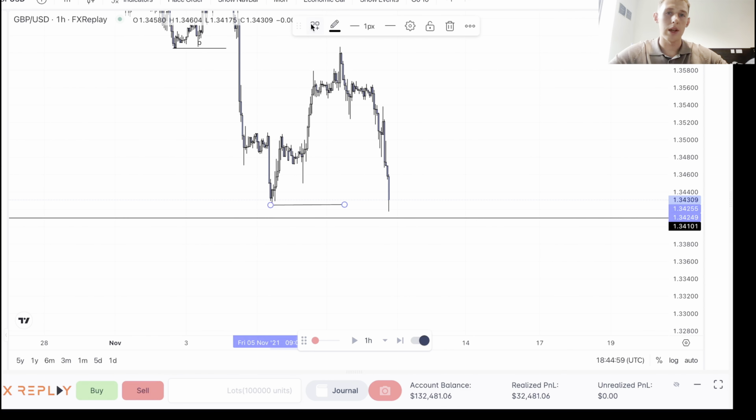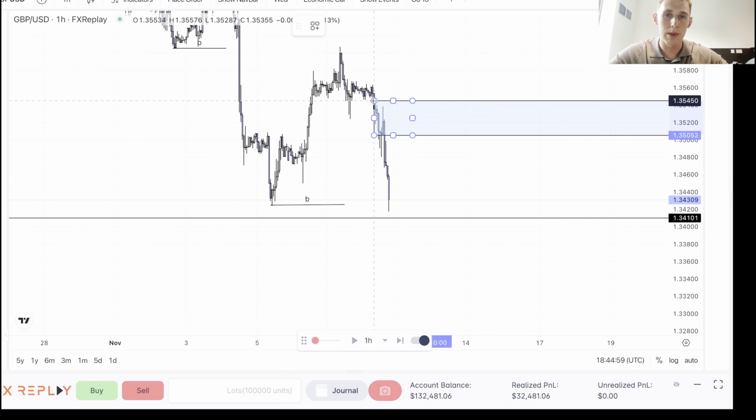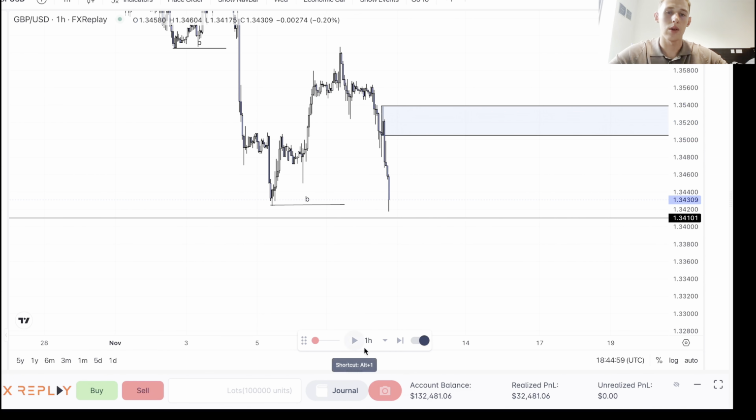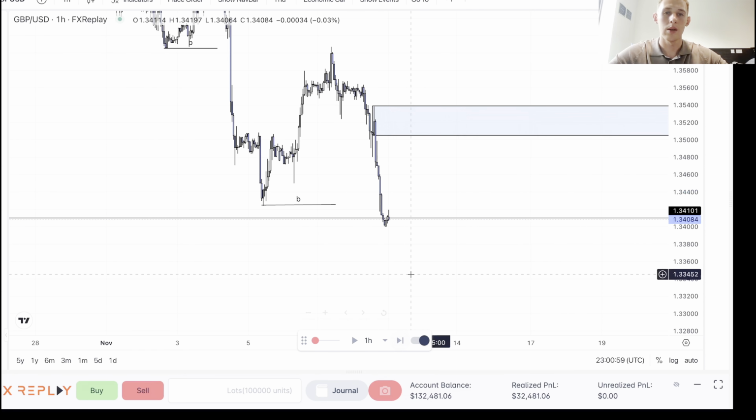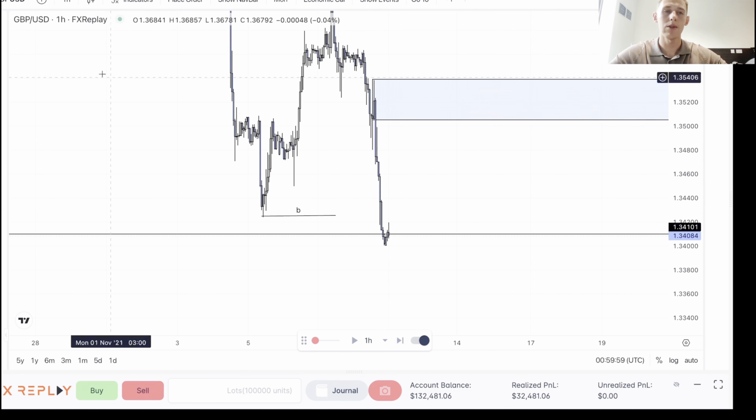So we've now had a break of this low. Next sell level at the moment would be this area of supply. Price has also taken out the daily low.